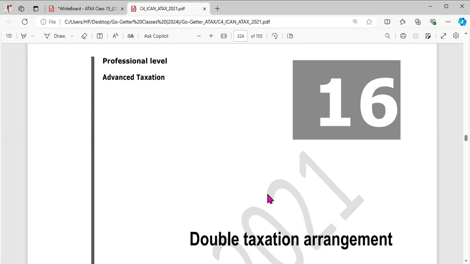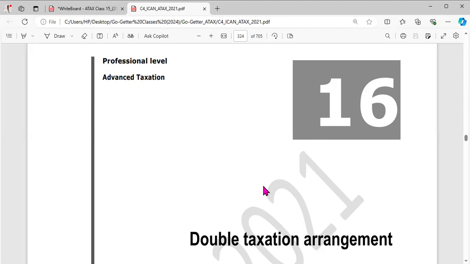Last time, we talked about taxation of non-residents, and we saw that a non-resident is someone who meets a certain criteria, such as not being in Nigeria for more than 183 days in a 12-month period, not domiciled in Nigeria, and these are the two basic things.